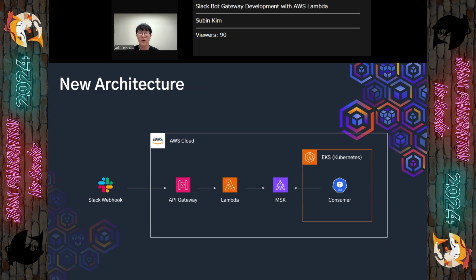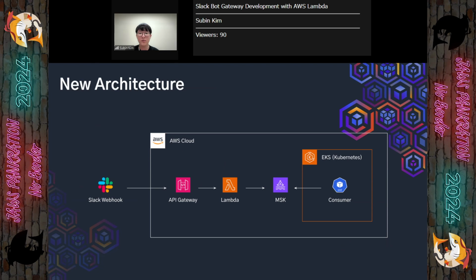So this is the diagram of the new architecture. Similarly, we get a Slack webhook request, which is passed through the API Gateway in AWS, which passes the events to the MSK with minimal pre-processing via Lambda. The consumers within the EKS cluster can consume events from MSK and reliably parallelize the process if needed.